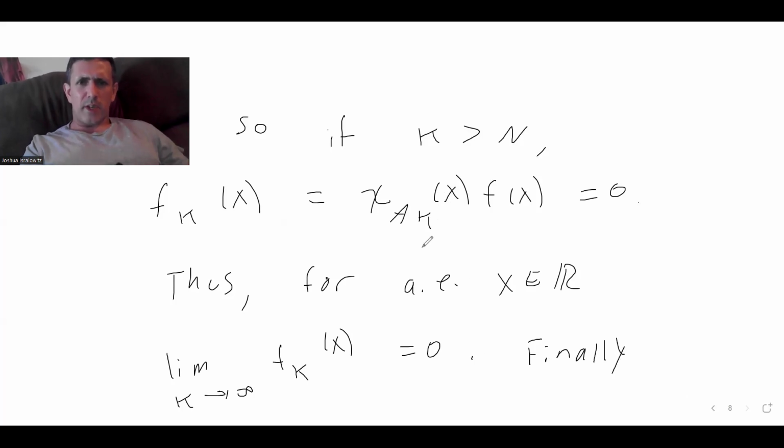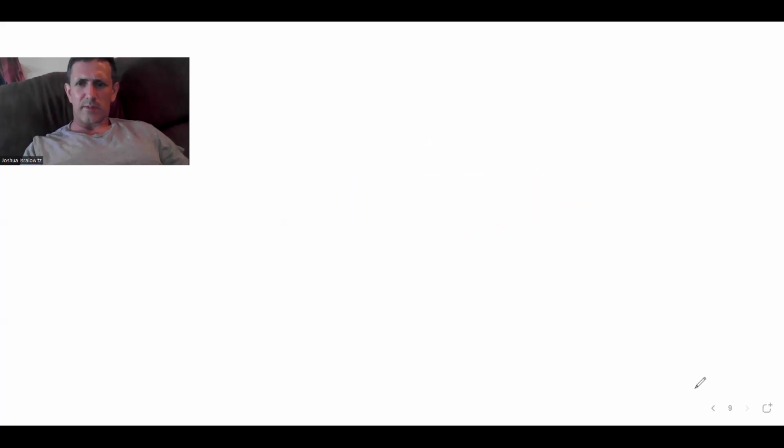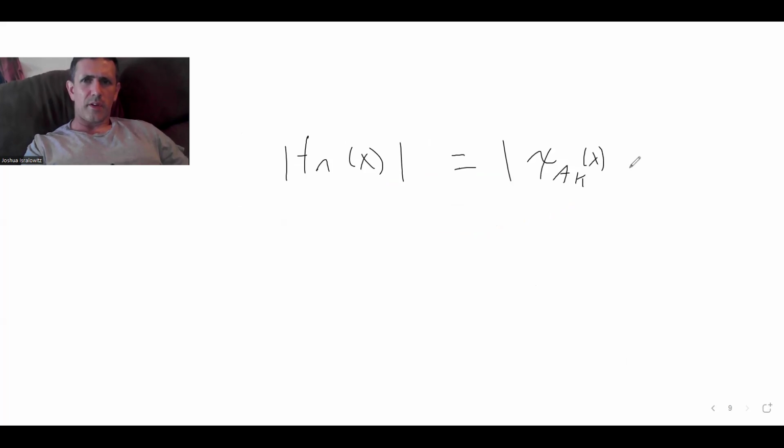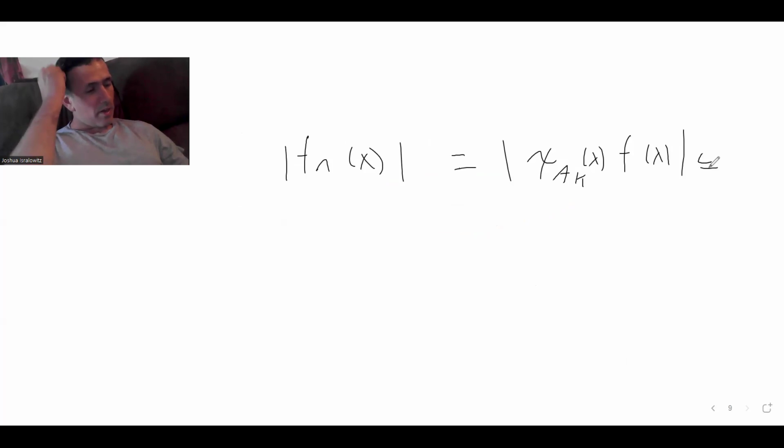Here is where you have a trivial dominator, because f is assumed to be in L1. So this is less than or equal to f of x.